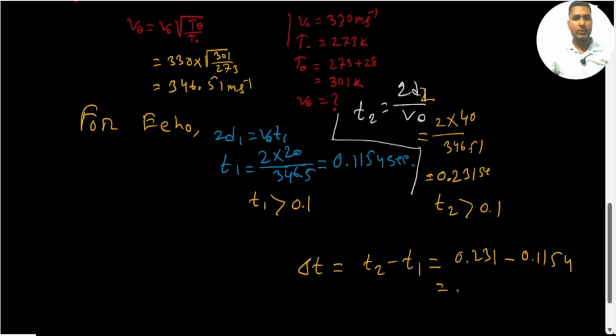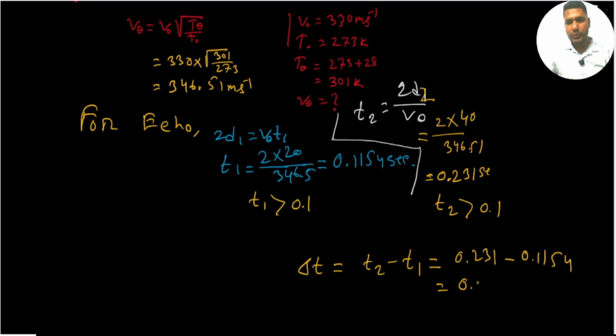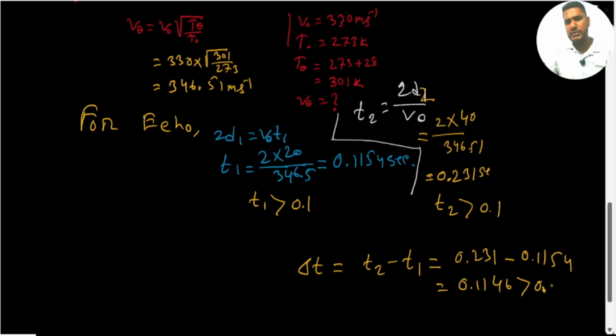So 0.231 minus 0.1154 will be 0.1156, which is also greater than 0.1. That means he can hear two echoes.